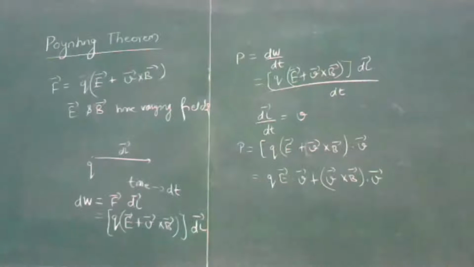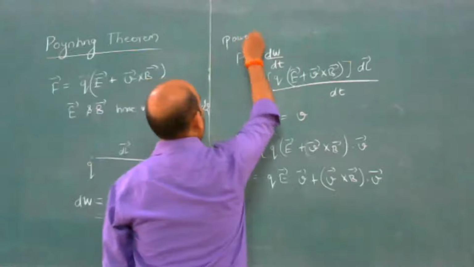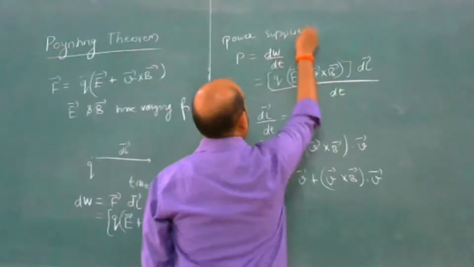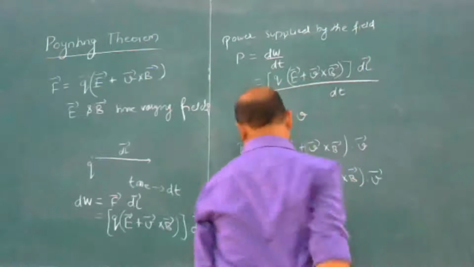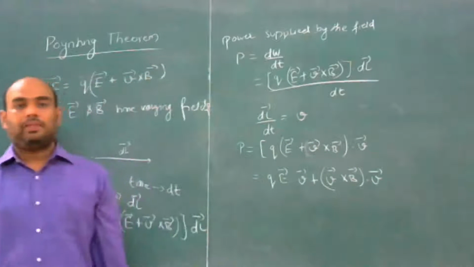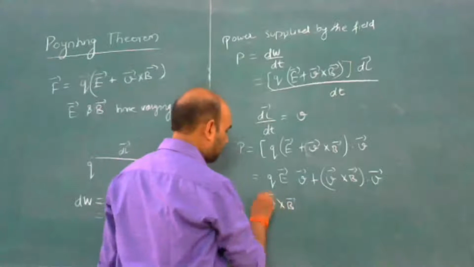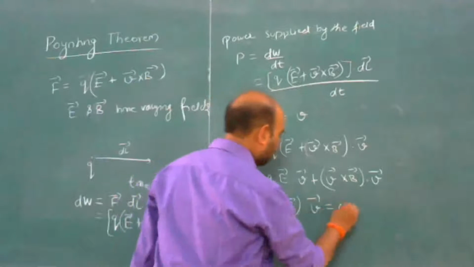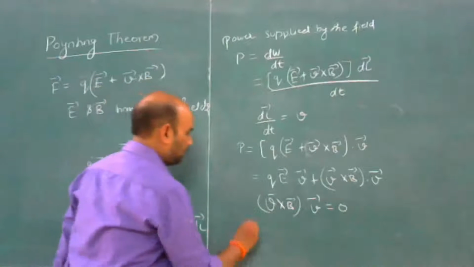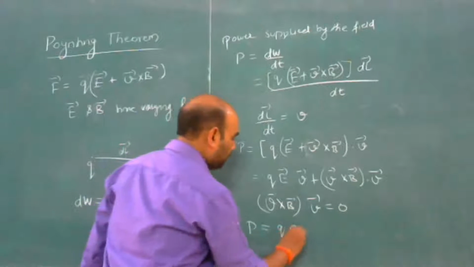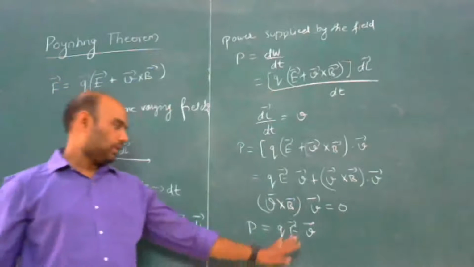Here P is the power supplied by the field. We know that (v cross B) dot v, by the vector identity, is equal to 0. So this term is equal to 0, and the power supplied will be equal to Q E dot v.